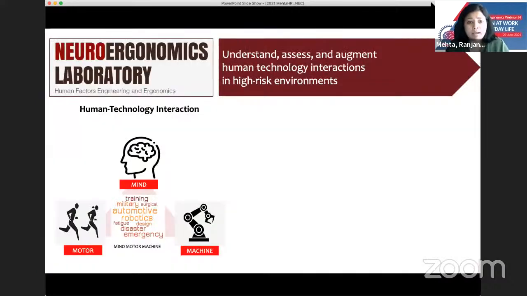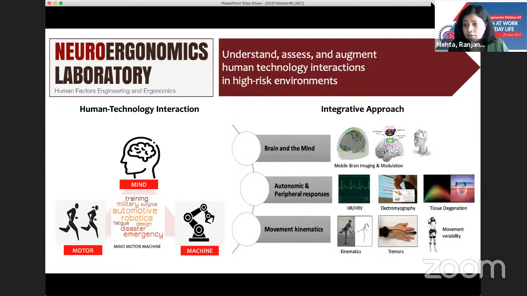So my lab looks at understanding, assessing, and augmenting human technology interactions in high-risk environments. And in doing so, we look at the mind through neuroergonomic applications. Motor aspects are something that my PhD was in, and its interaction with different machines. While doing so, we take an integrative approach. We look into the mind as well as the brain.